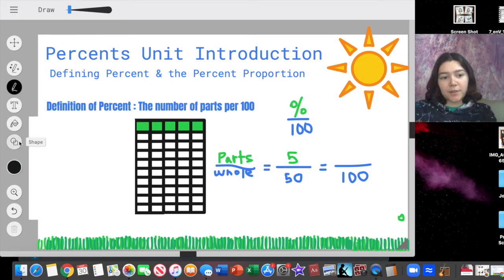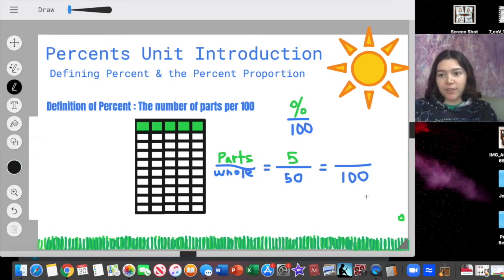So there's a ton of ways to solve this. We did it with ratios, lots of different ways. We'll continue to. But let's just look at this. I have 50, and ask myself, 50 times what number gives me 100? 50 times 2 gives me 100. So then I'm going to do the same thing up here. I have 5 times 2.